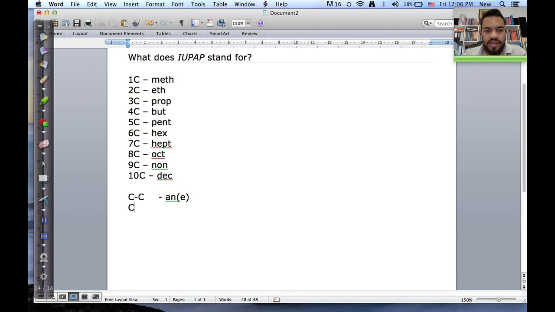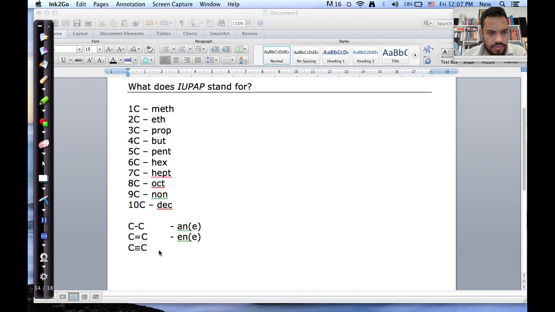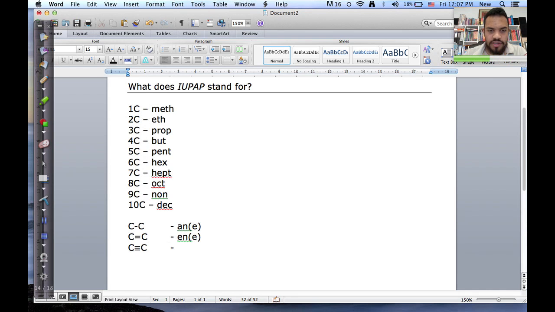Okay, I'm just going to add this for the moment, and make that ENE if it's an alkene, and a triple bond. And if we've got a triple bond in the thing, its name will end in "-ine", right? And we're going to see why I've put these E's and brackets in the next two videos.